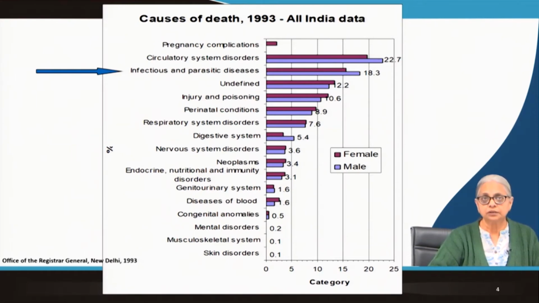Most of these infectious and parasitic diseases are caused by microorganisms. The only other set of organisms that are part of this group are the helminthic organisms. So you can see how important our understanding of microbiology is for better health care for the entire society.